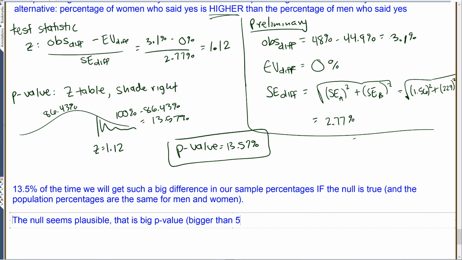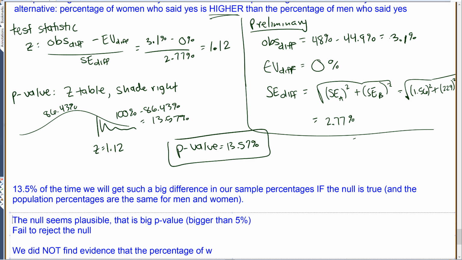It is bigger than 5%. That's what I'm comparing it to. So I will fail to reject the null. And I would say we did not find evidence that the percentage of women is higher than the percentage of men.